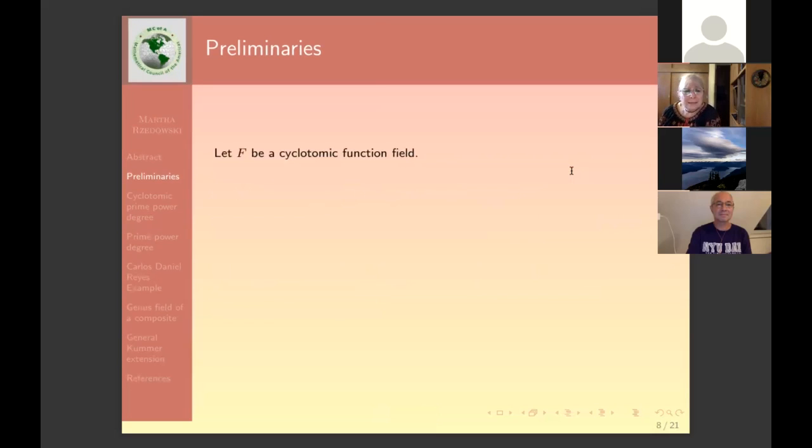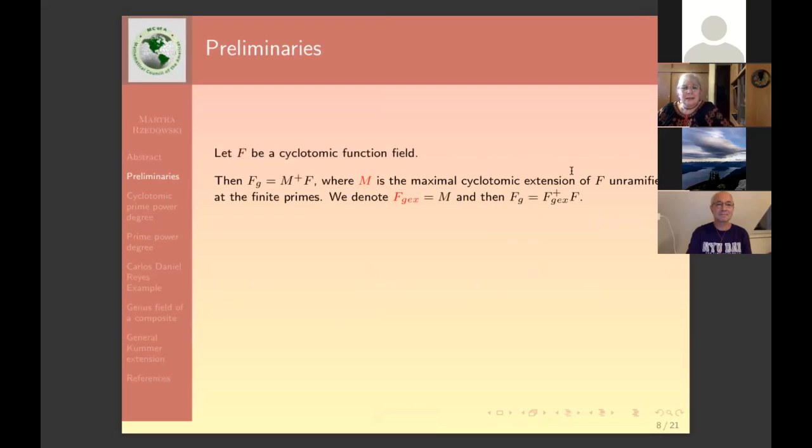Let F be a cyclic cyclotomic function field that is contained in the K of lambda n. The genus field Fg is M plus F, where M is the maximal cyclotomic extension of F unramified at the finite primes.